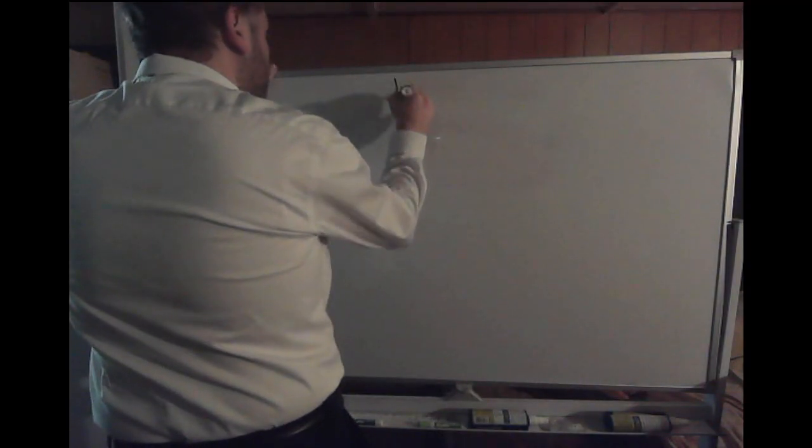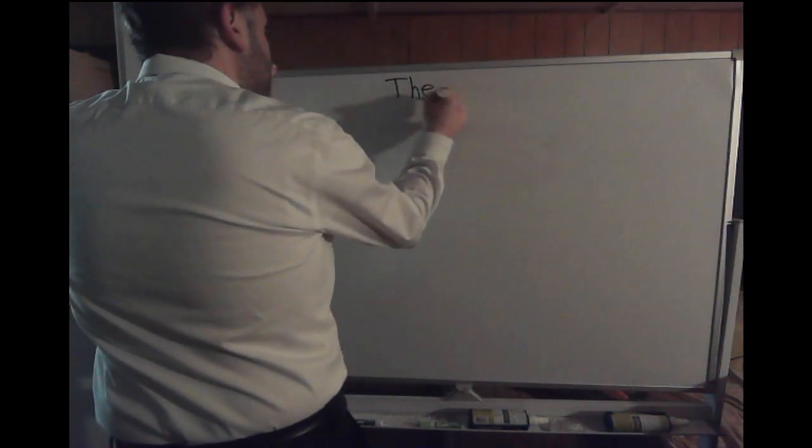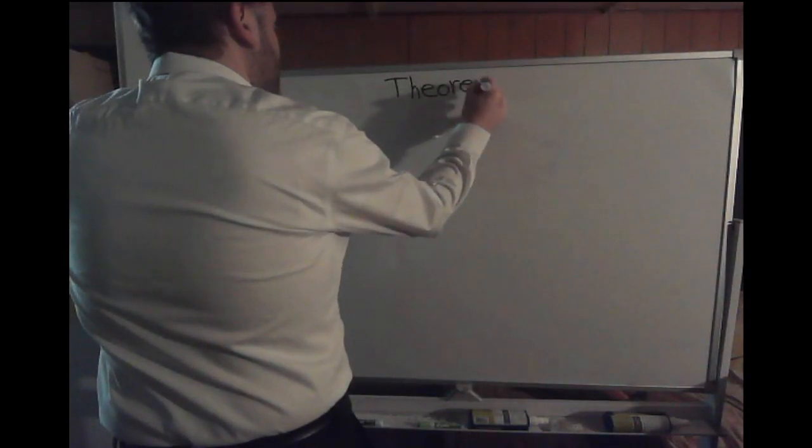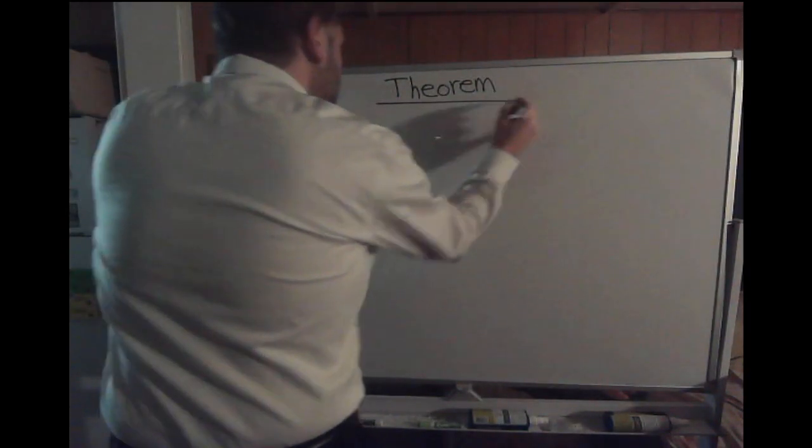These are all some short theorems. I have 6 theorems. Don't be overwhelmed by that. We're not going to prove any of them, so no worries there. We're just going to accept them. So, theorem.